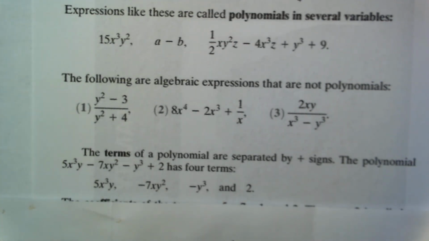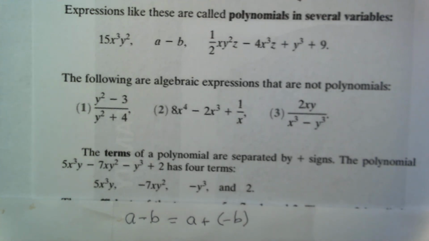Now here's a question some people ask when it talks about the definition. The terms of a polynomial are separated by plus signs, because you obviously see some minus signs here. Well, you can still say they're separated by a plus sign or by plus signs. And that's because of the way subtraction is defined, and that is that, for example, for any two numbers, a minus b is defined as a plus the opposite of b, or minus b.